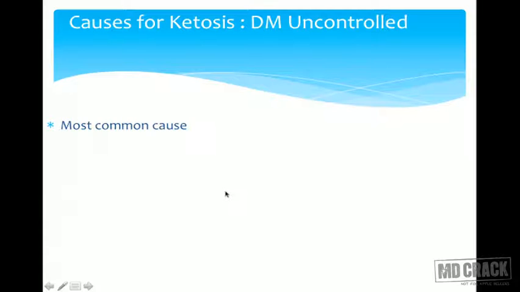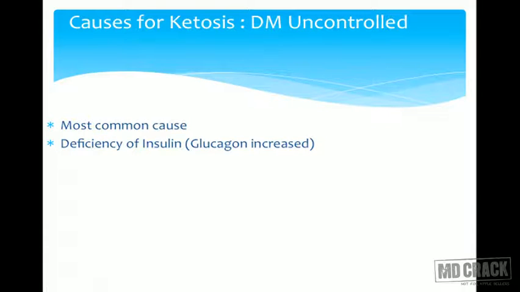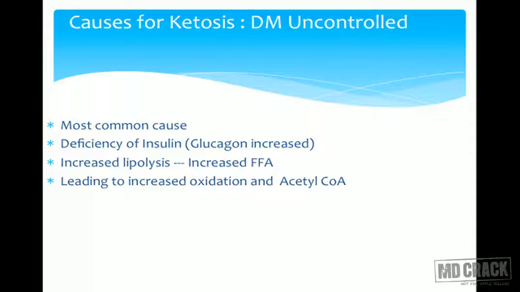So in diabetes mellitus, the most common cause, there is deficiency of insulin. Glucagon is increased, so increased lipolysis takes place. Remember, the adipose tissue is starving of glucose, GLUT4 is not functioning, and the adipose tissue is thinking that there is no glucose, so it undergoes lipolysis, increasing the free fatty acids, leading to increased oxidation and acetyl-CoA.